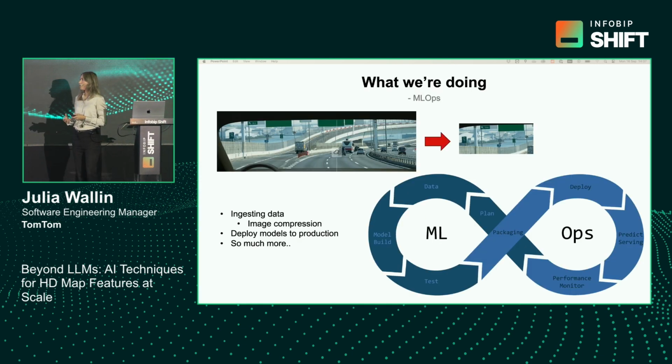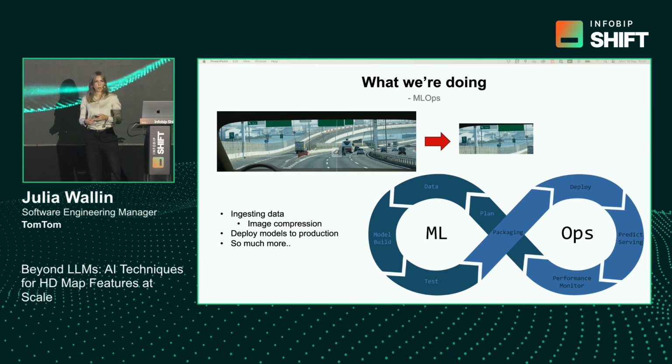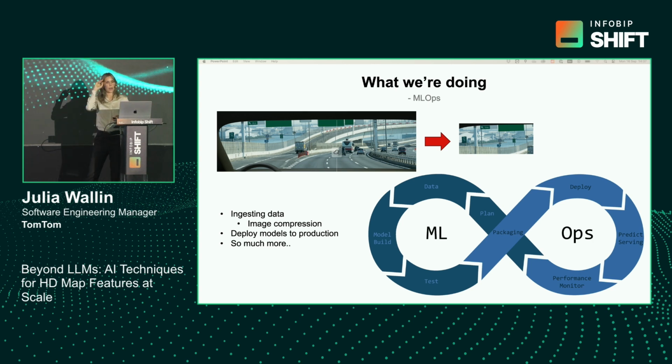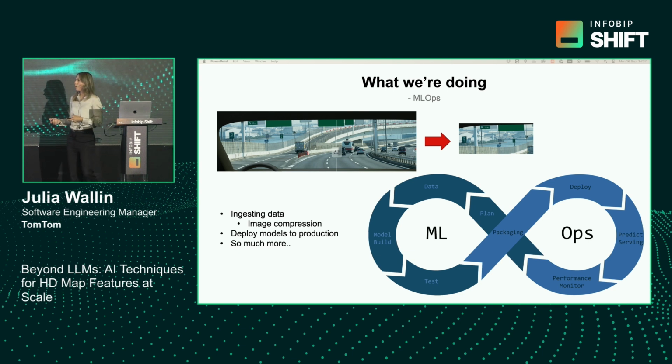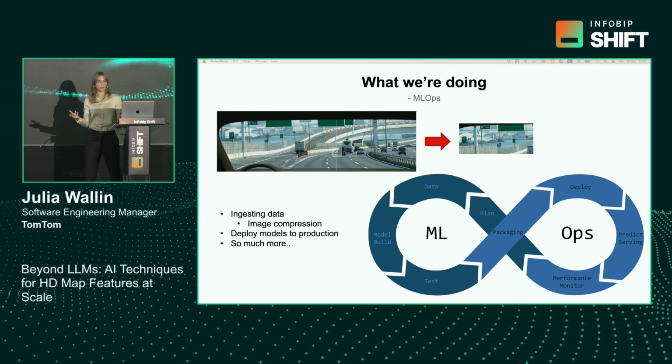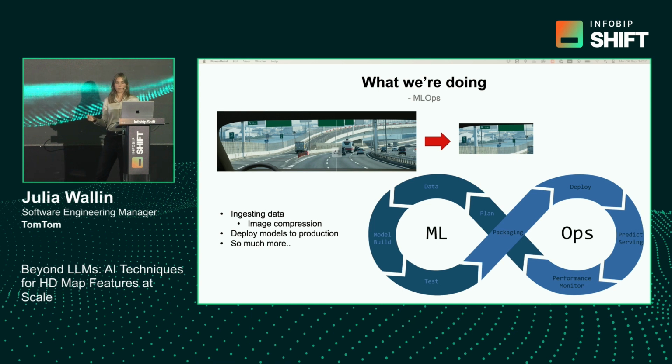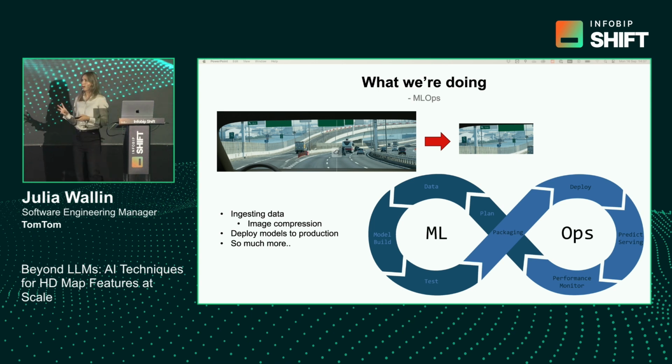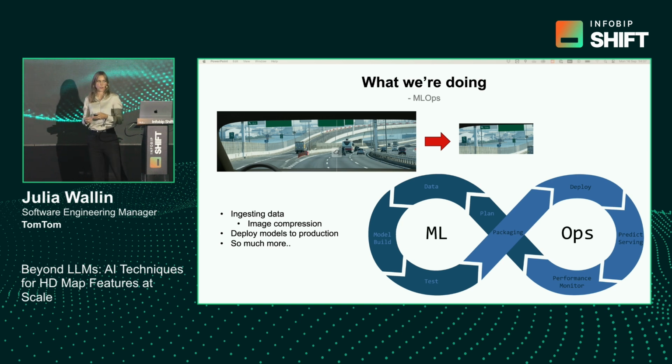And of course, we do MLOps. So imagine now that we have several models doing detection, we have several classifiers, etc., that we need to deploy to production and retrain and all these things. Then we need machine learning operations, aka MLOps.